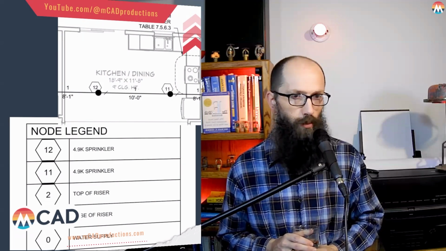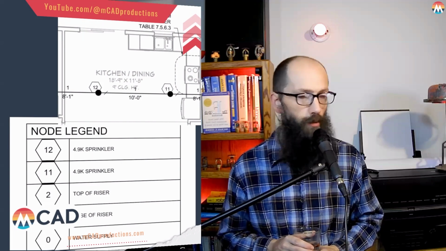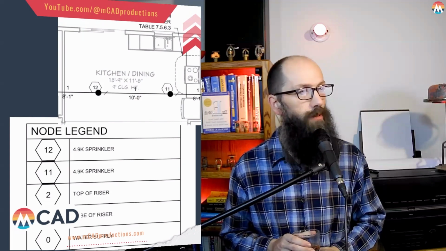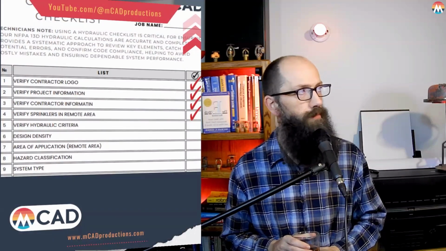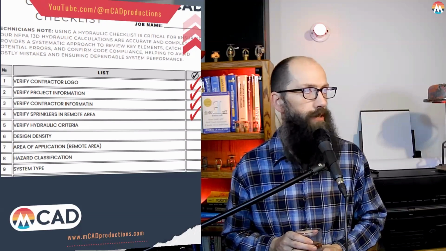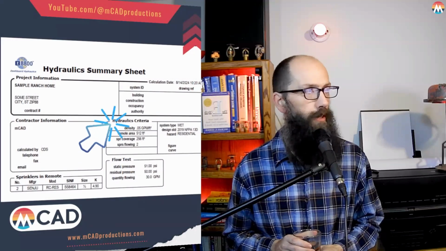Generally, when we send out jobs, we try to put the specific model number of the sprinkler there. It's not always 4.9, but that's the most common one we use for residential.